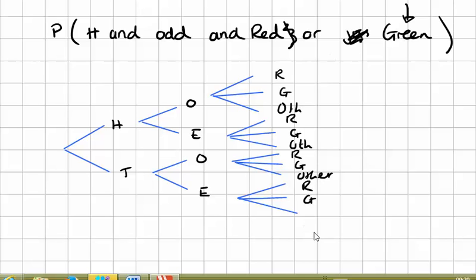This is a poorly written question, I guess. So let's consider our options. We have to have a head followed by odd followed by red, or greens, which means we've got to go these routes as well.